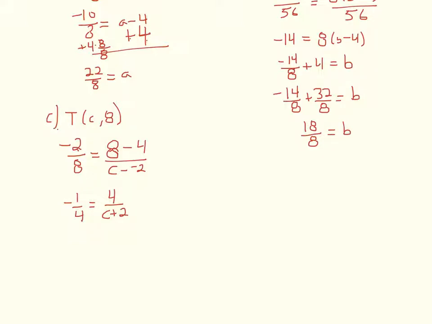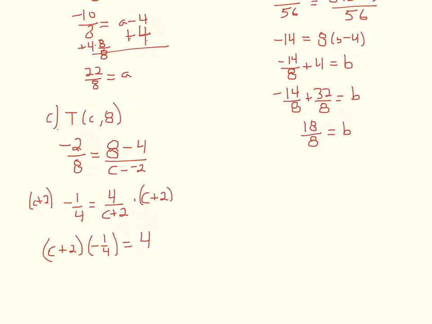But I'm going to assume that you didn't see the reciprocal piece, and let's say we just multiplied by c plus 2 on both sides. And so now we have c plus 2 times negative 1/4 is equal to 4.